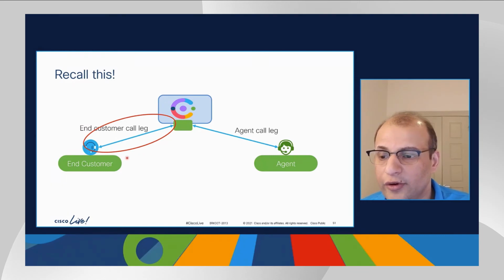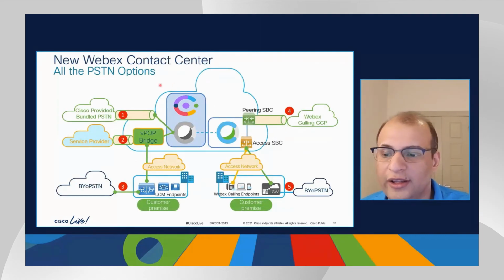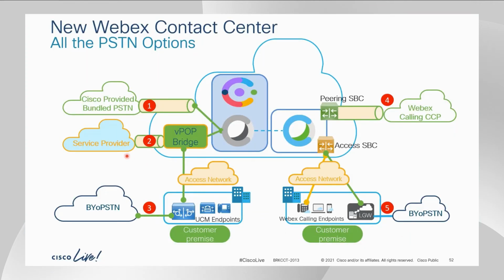We just reviewed the end customer call leg option, which is all these 5 options as of this recording that we talked about. The Cisco provided bundle PSTN option, the service provider option to the VPOP bridge, the bring your own PSTN option to the VPOP bridge, and then the cloud connected PSTN provider or the bring your own PSTN with local gateway for Webex calling options.